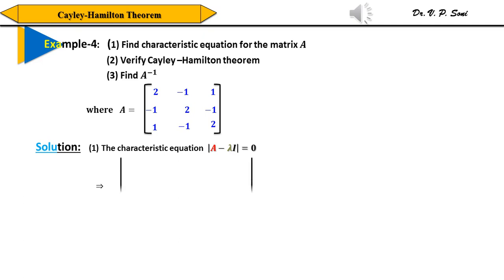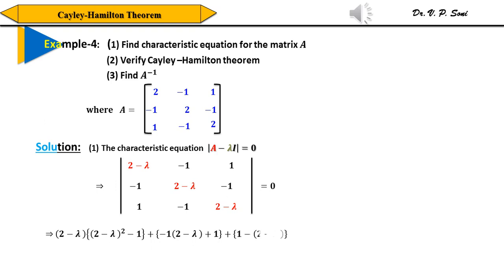This implies determinant whose first row 2 minus lambda, minus 1, 1, second row minus 1, 2 minus lambda, minus 1, third row 1, minus 1, 2 minus lambda equal to 0. Now find the value of the determinant and put equal to 0, then we get lambda cube minus 6 lambda square plus 9 lambda minus 4 equal to 0, which is the characteristic equation of the matrix A.